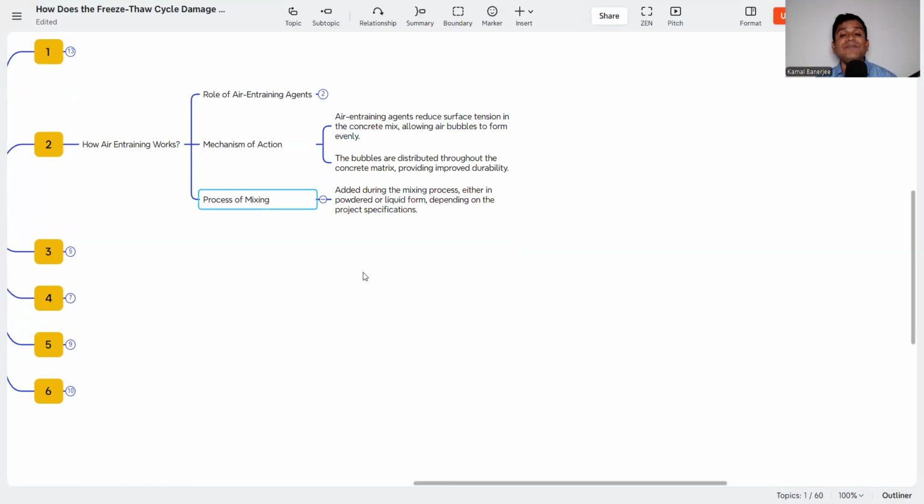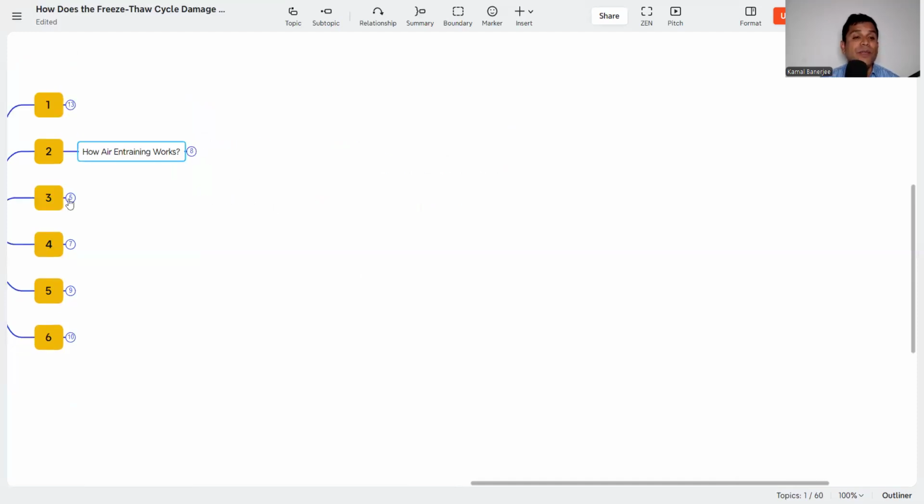We can add this admixture either in powder or in liquid form, depending on the project specification. These air bubbles can arrest the stress generated due to the freeze-thaw cycle, or reduce the freeze-thaw process. So that is why this air entraining agent is very important.